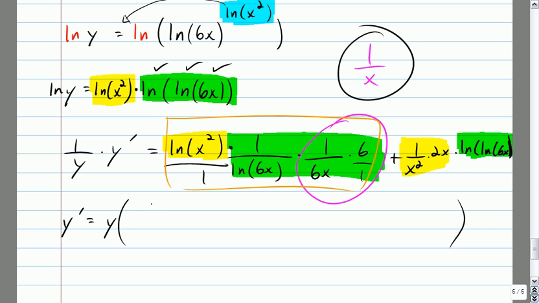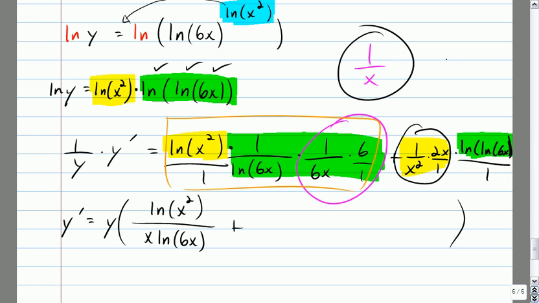So we've got the natural log of x squared over x times the natural log of 6x, plus, these are all fractions. 2x over x squared is just 2 over x.